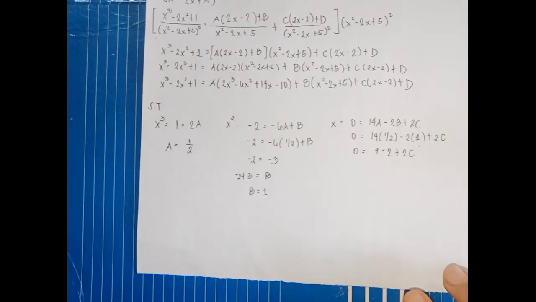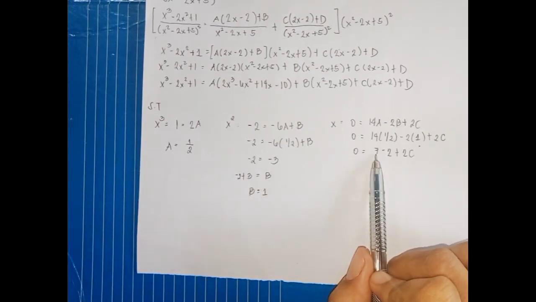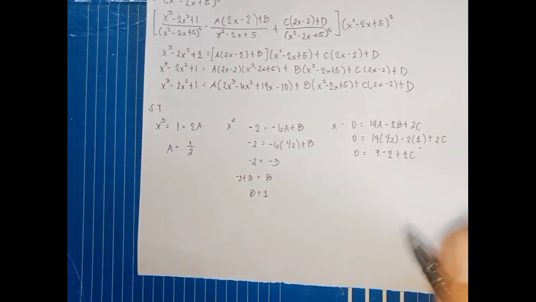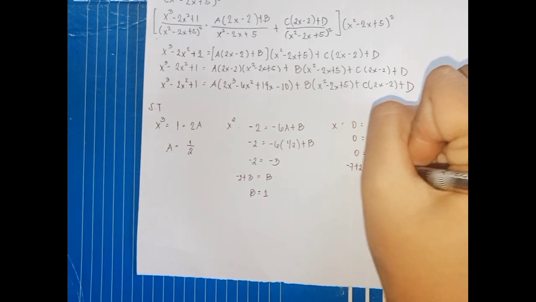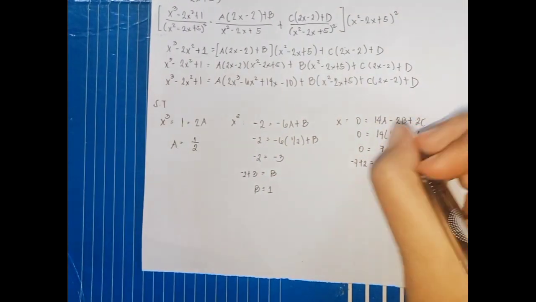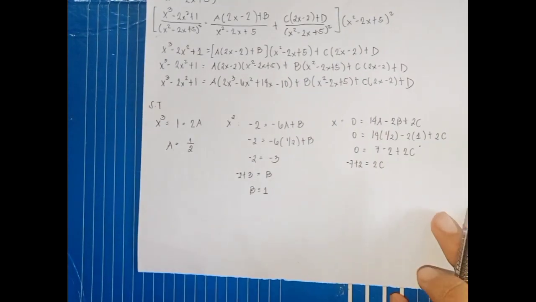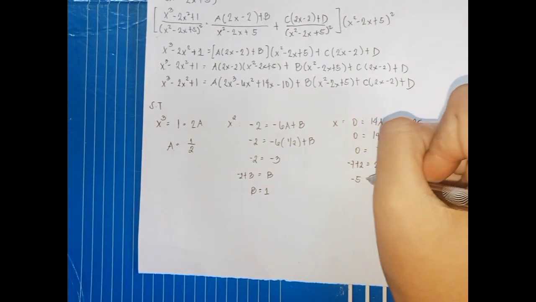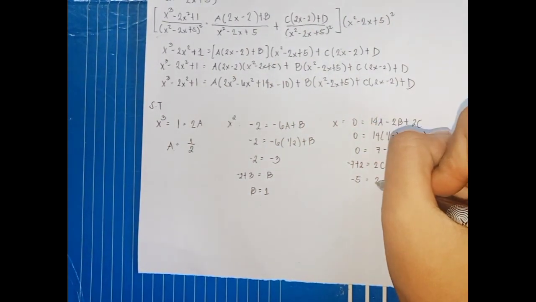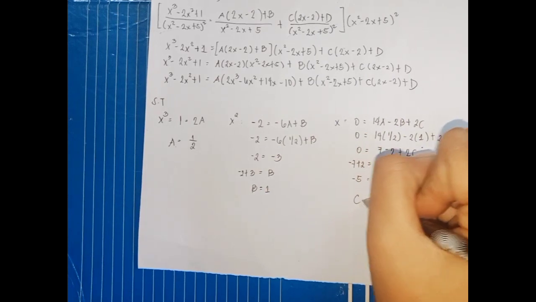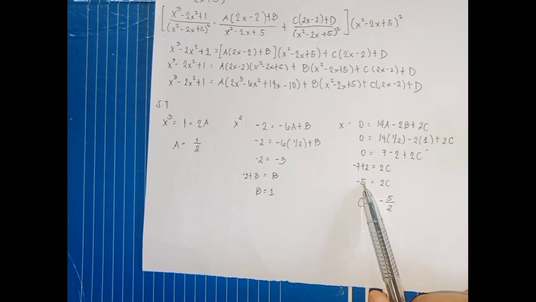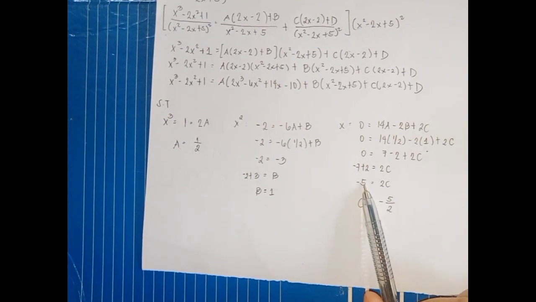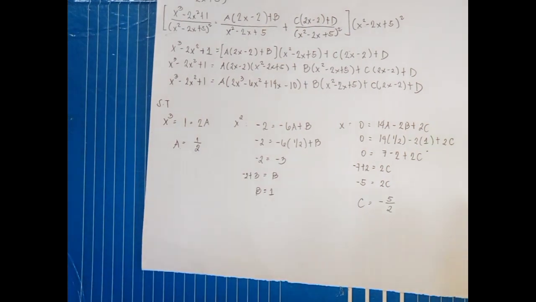So we will just transpose these 2, so it will become negative 7 plus 2 is equal to 2c. So this will be negative 5 is equal to 2c. So we have here c is equal to negative 5 all over 2. So this will become our denominator, and the numerator will be the 2.